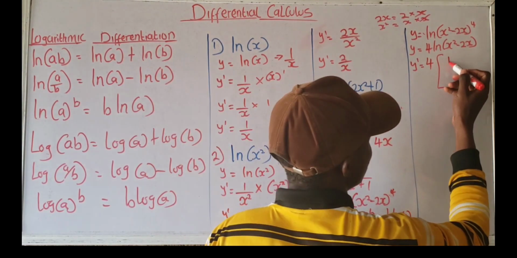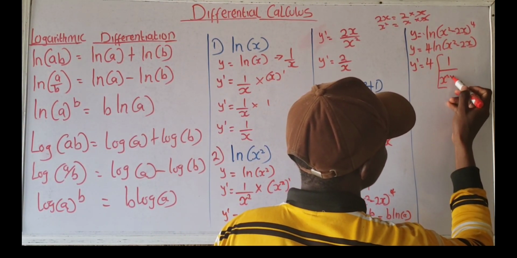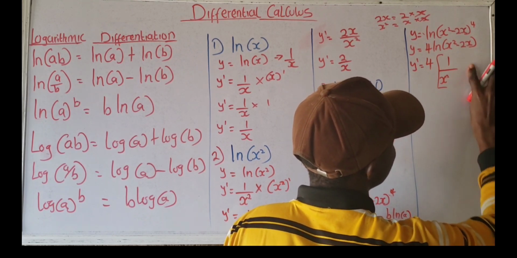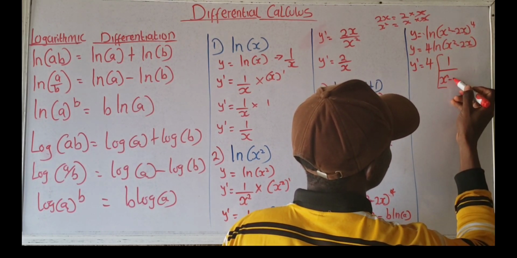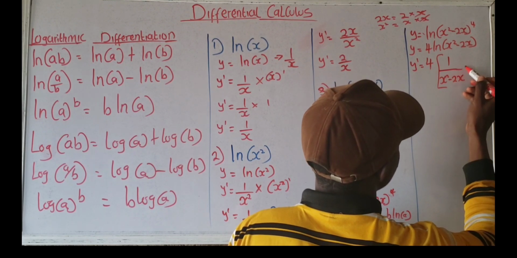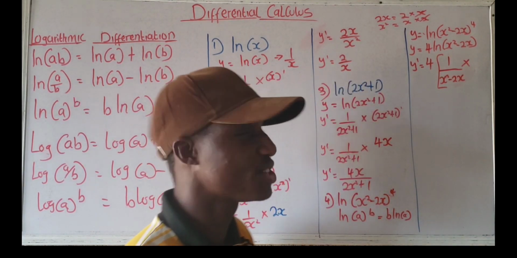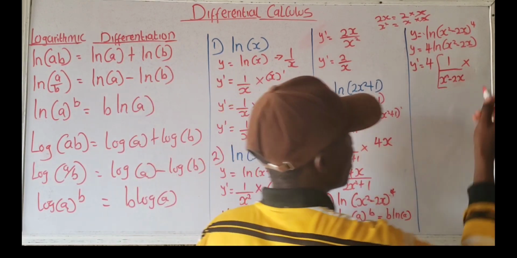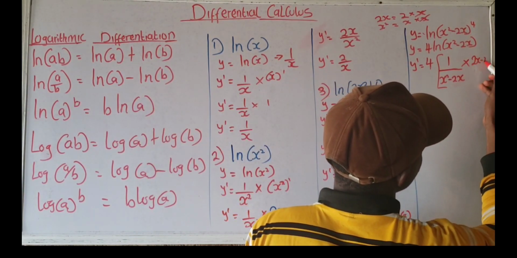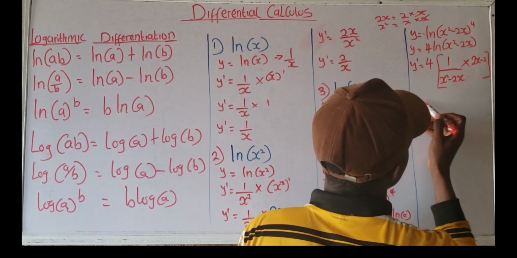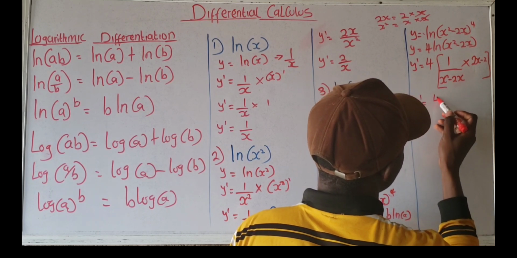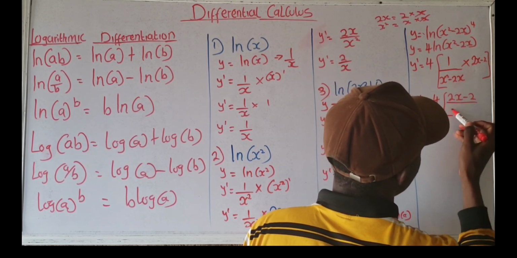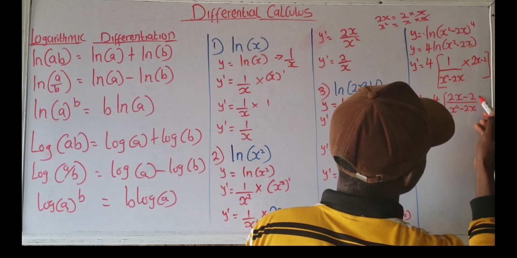So I'm going to have 1 over x squared minus 2x multiplied by the derivative of x squared minus 2x, that is 2x minus 2. So the derivative of y is equal to 4 multiplied by 2x minus 2 all over x squared minus 2x.